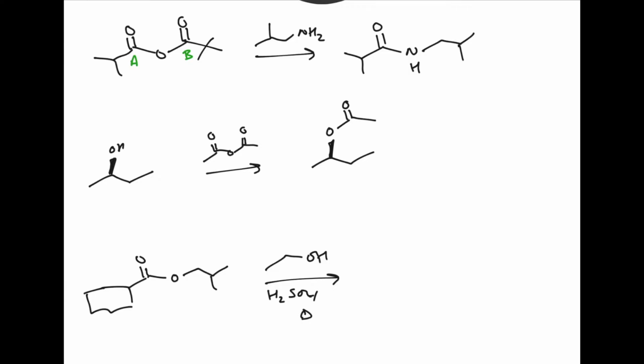Transesterification, that's right. So you're going to swap the alcohol part of one ester for another alcohol. So you're going to get rid of the sec-butyl that is on the ester, and you're just going to put an ethyl.